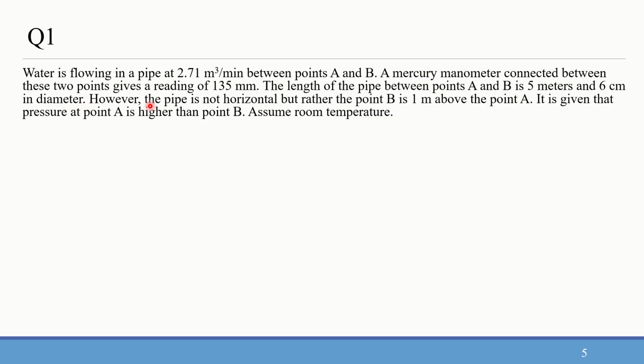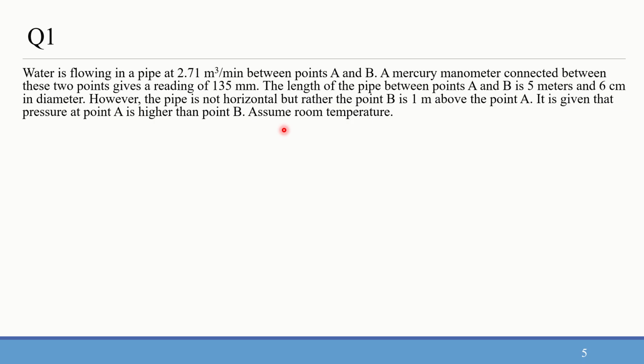However, the pipe is not horizontal but rather the point B is 1 meter above point A. It is given that pressure at point A is higher than point B. Assume room temperature. So what is given? We are not asked to find anything, this is just a beginning statement.